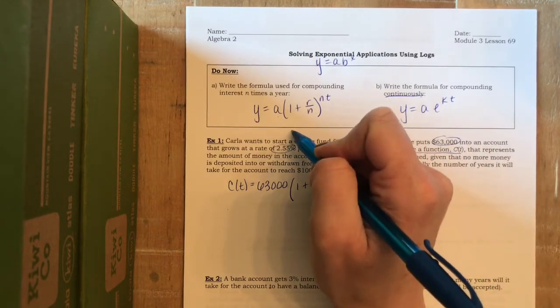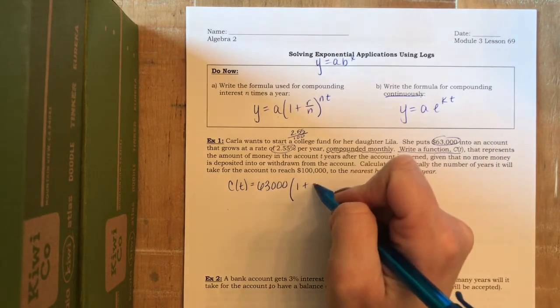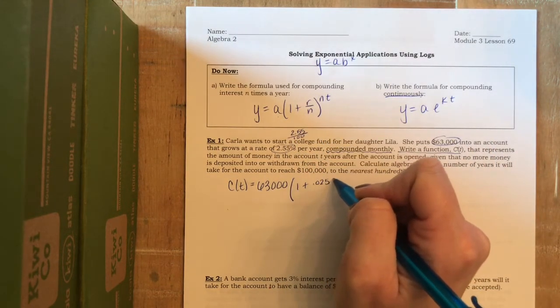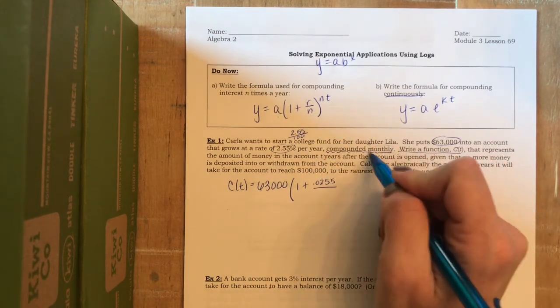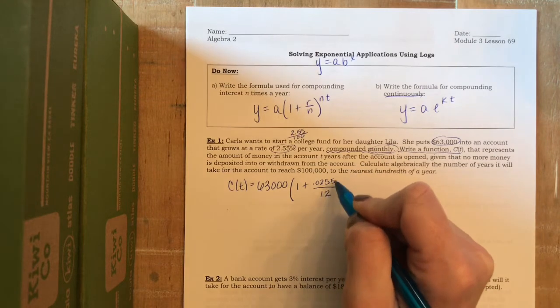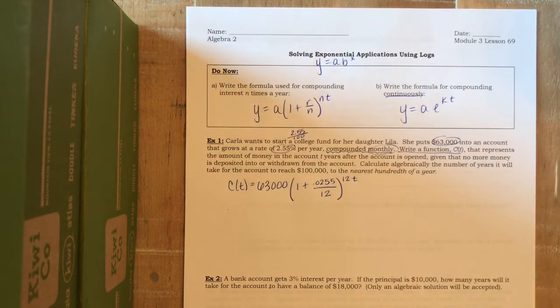So we want that 2.55 divided by 100. So we want 0.0255 divided by n, which is monthly, which is 12, raised to the 12t. So that's the first question. Write a function. That's a function with t and with c of t. Now we can use that equation to answer whatever questions they ask us.